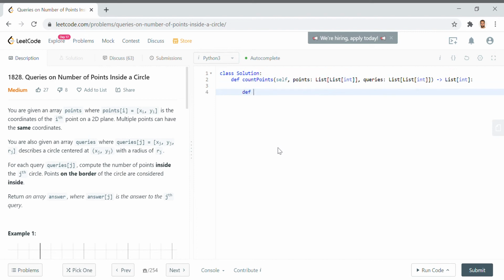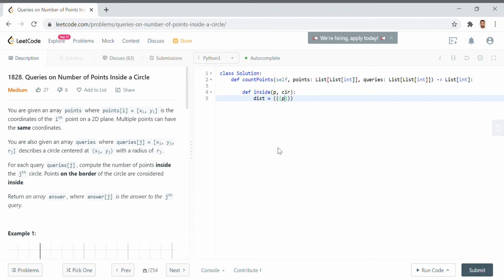So first we're going to need a helper function that we'll call inside for points that might be inside the circle. We'll accept p for points and cir for the circle information that we'll iterate through in our queries. We'll compute distance using the common distance formula: the square root of (x2 minus x1) squared plus (y2 minus y1) squared.